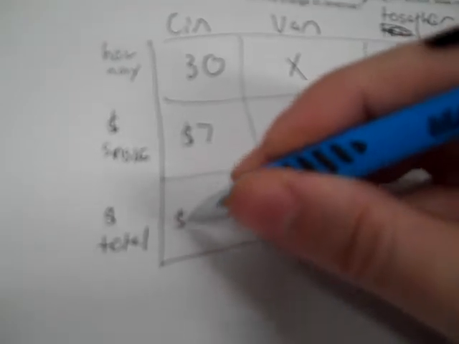Okay, and I really don't have any numbers, so I'm going to do what I can. So 30 times 7 is 210. That'd be 210 for the cinnamon. Then I don't know how many X units of vanilla we have, but they cost $10 each, so that'd be 10X. And, whoa, what do I do here? Well, I know that when I mix them together, they cost $8.50 per pound.